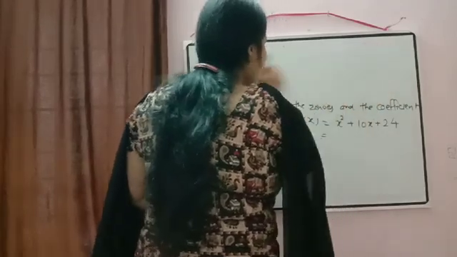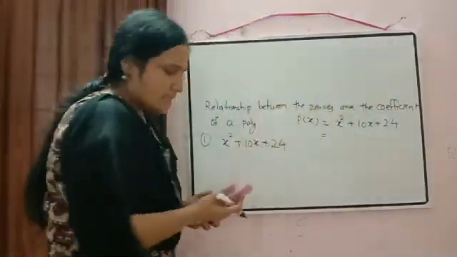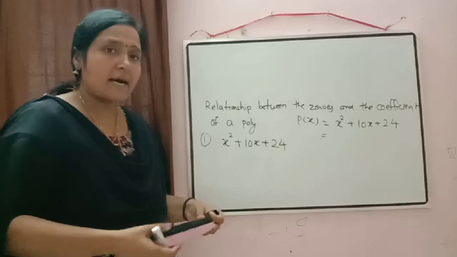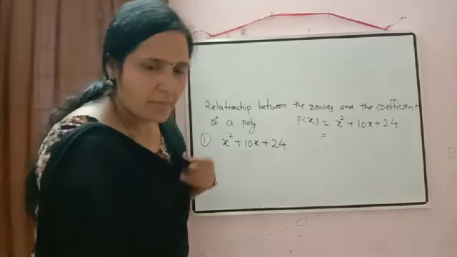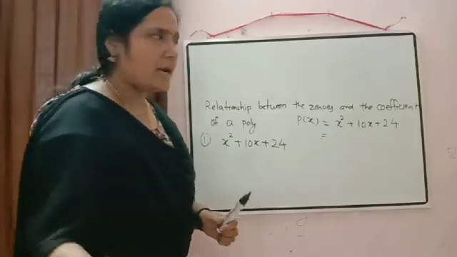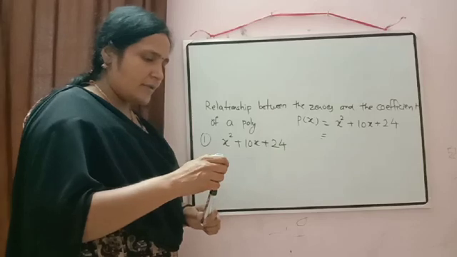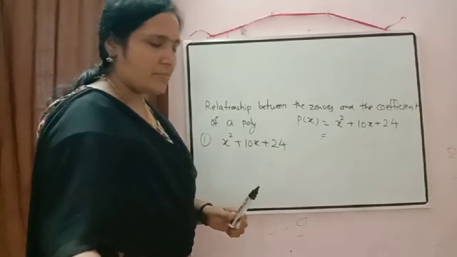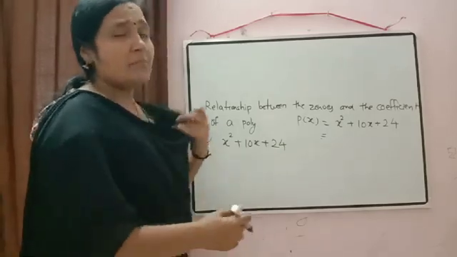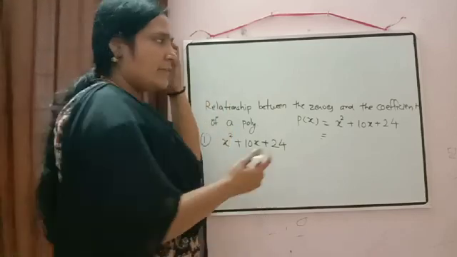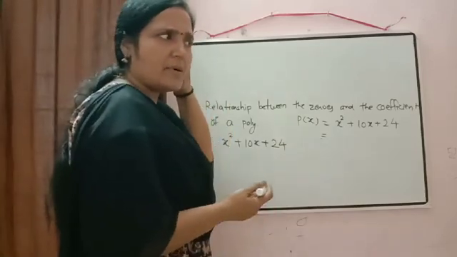Whenever you are doing factorization, check whether you can use an identity, or if any common factor is there, take it outside, and then you can use splitting the middle term. I think splitting the middle term is easy for you if 3 terms are there.